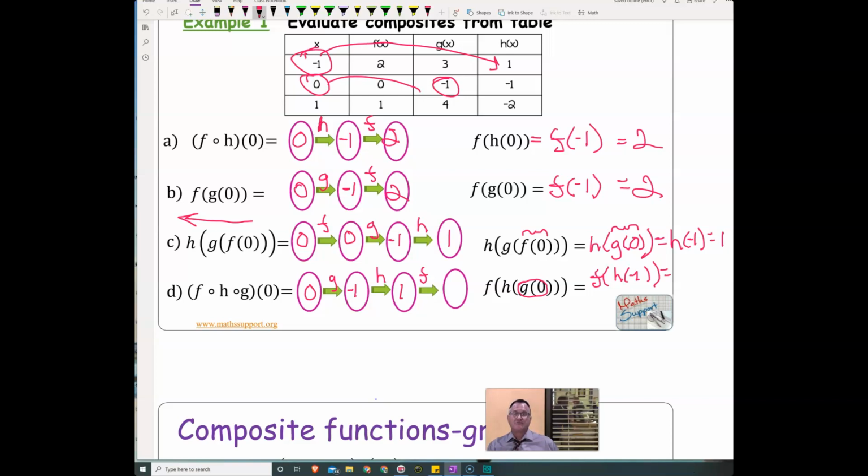So h of -1 here becomes 1. So now I'm going to evaluate if 1 is the input into f, what's the output? Another 1. So that answer is 1.